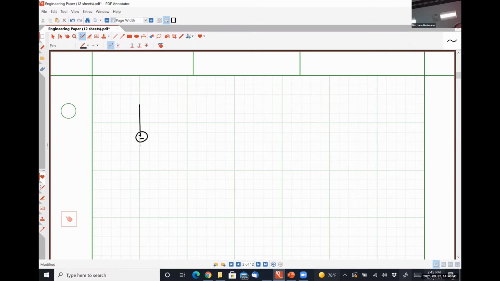We have a 6-volt source connected to a 6-ohm resistor connected to a 10-ohm resistor. Then over here, we have a 9-ohm resistor. Here is our 2-amp source.